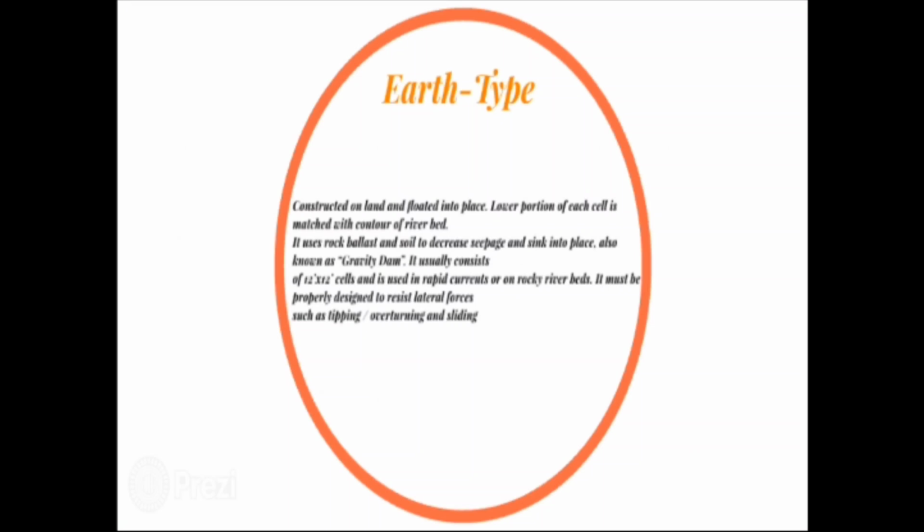Also, it is known as a gravity dam. It usually consists of 12 by 12 cells and is used in rapid currents or on rocky riverbeds. It must be properly designed to resist lateral forces such as tipping, overturning, and sliding.